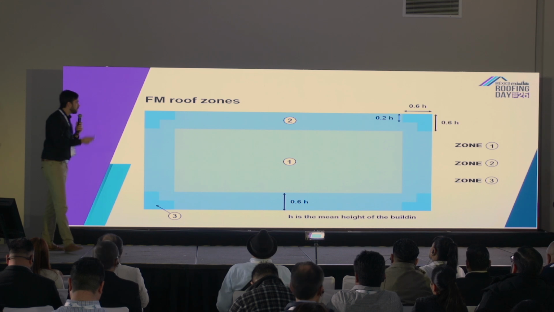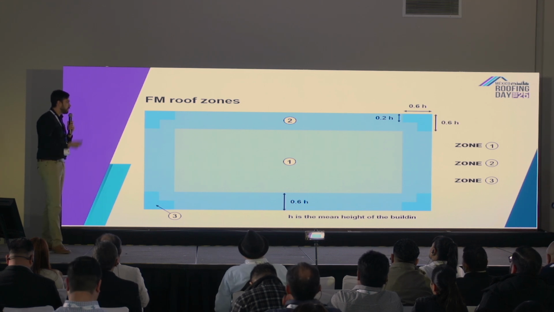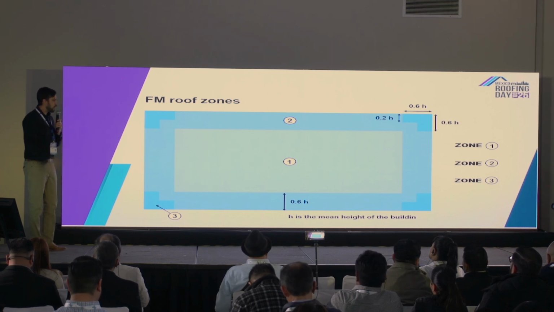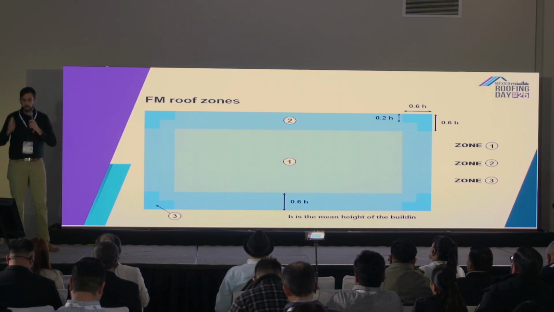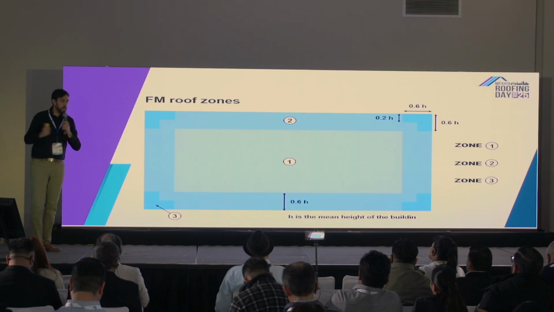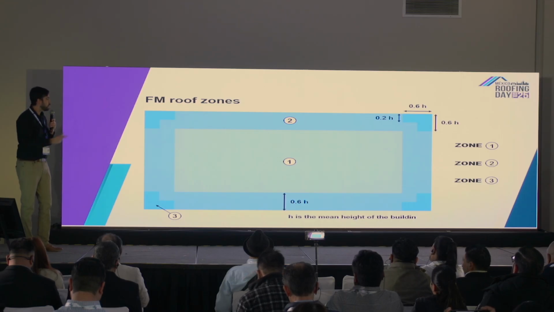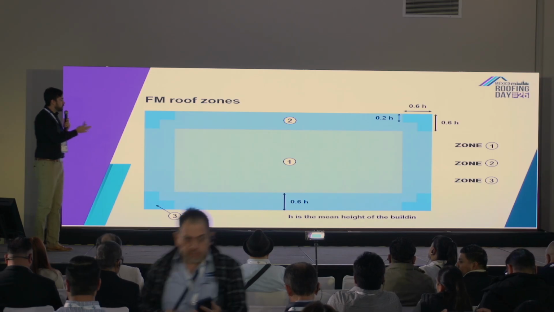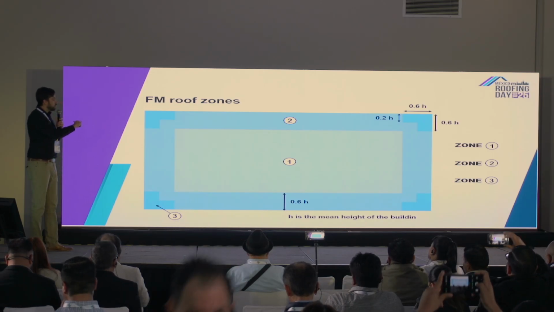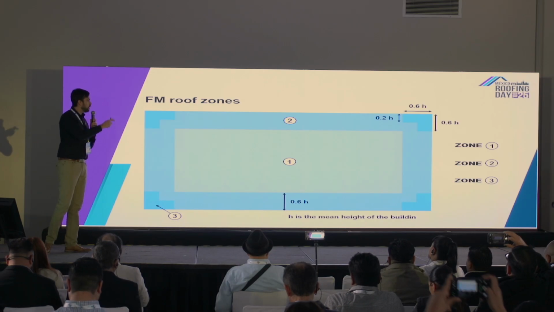Same building, but FM sees it a little bit differently. You've seen this picture, I believe. Same three zones: field, corner, perimeters. Corners are a little bit different by FM, so you're going to see an L shape. I also introduced some dimensions. You see 0.6H, 0.2H.